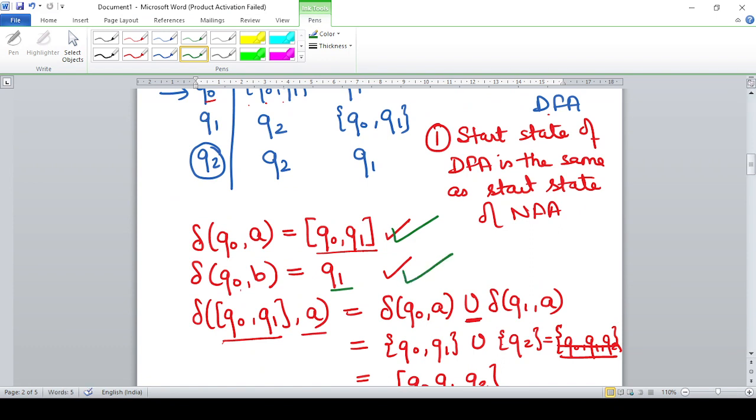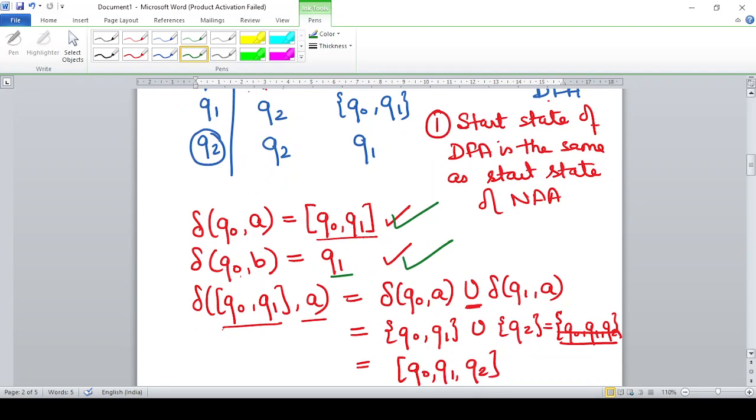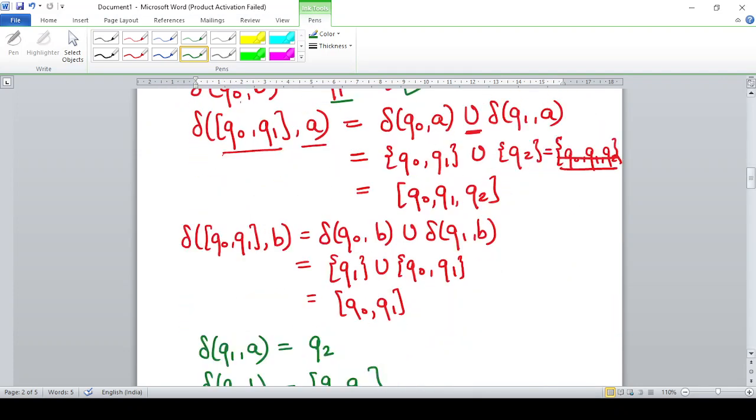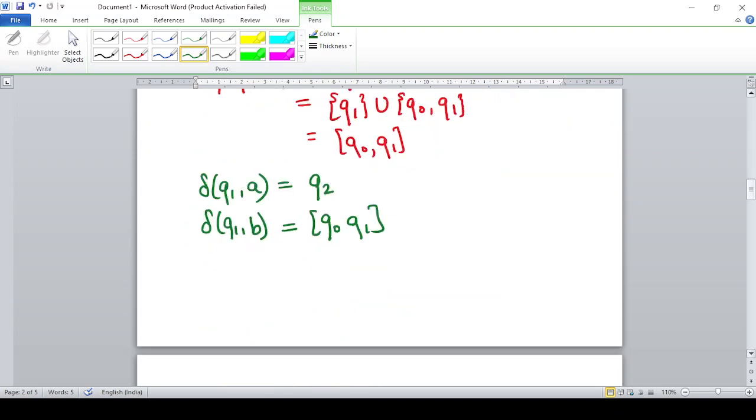The next state coming on the right hand side is q0 q1 q2. So I will now define q0 q1 q2 for all inputs.